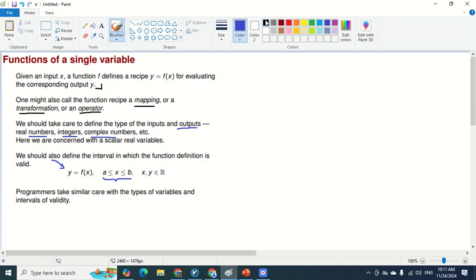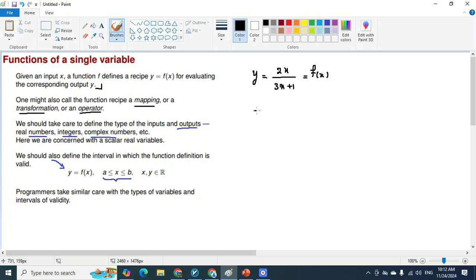Let me write one simple example here: y is equal to 2x over 3x plus 1. This determines a type of function. I can name this function f of x as well, and you can see that the value of x is defined by some rules.